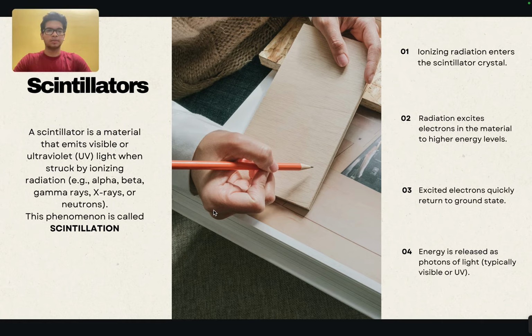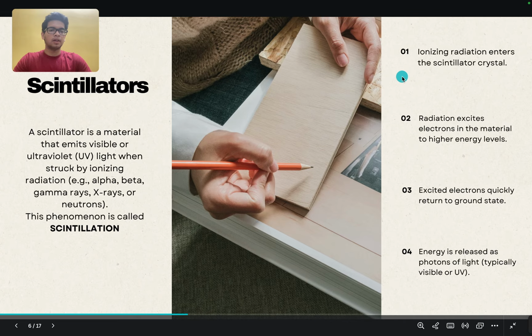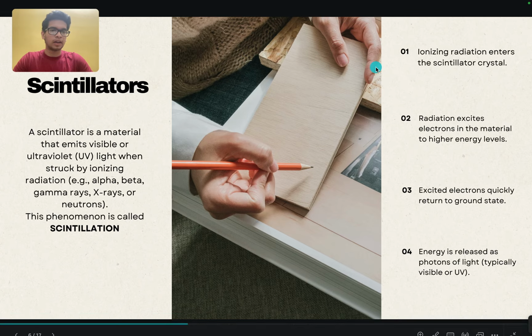is called scintillation. So scintillation happens in four main steps, starting with the absorption of radiation into the scintillator crystal, then the received radiation proceeds to excite the electrons present in the material into a higher energy state.